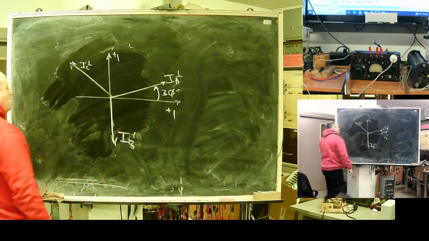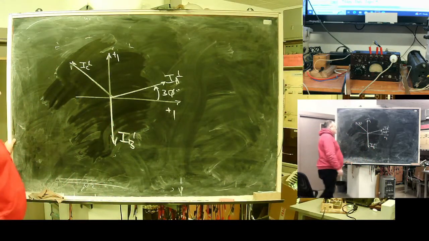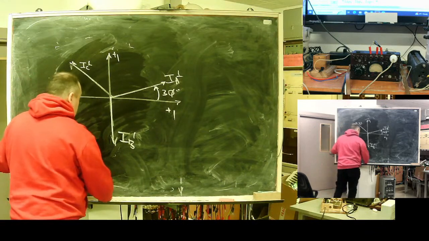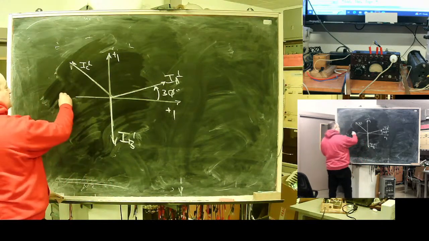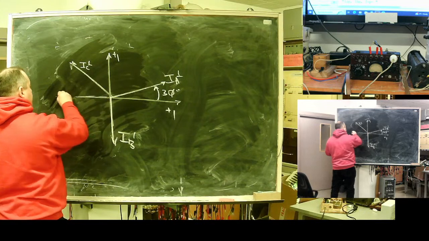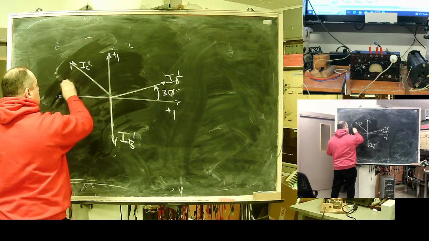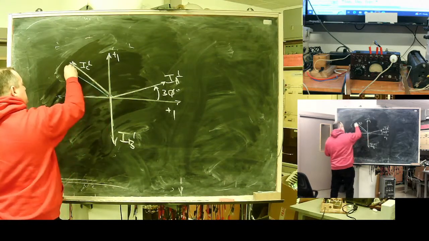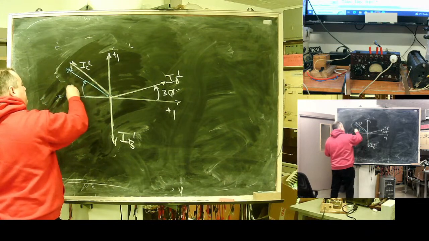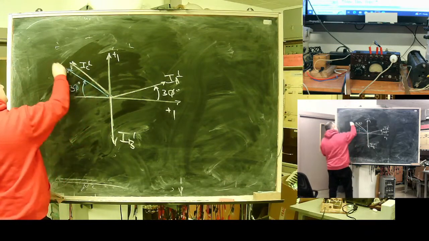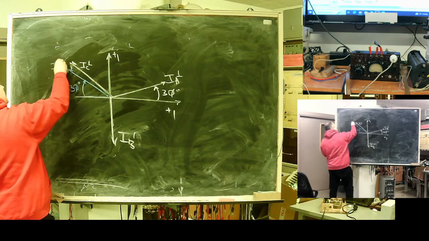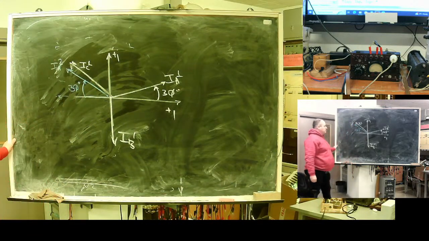Swap. For negative sequence, we will see backward rotation, approximately like here, 30 degrees. It's A phase of negative sequence.